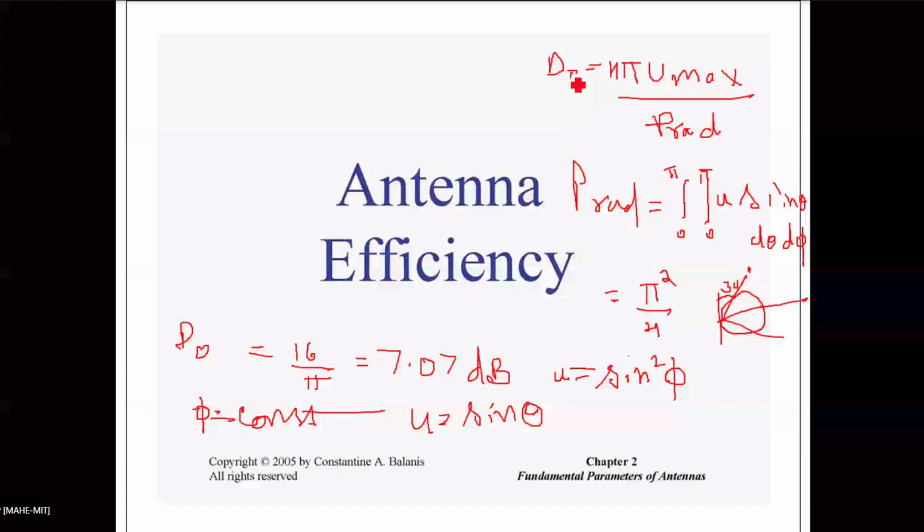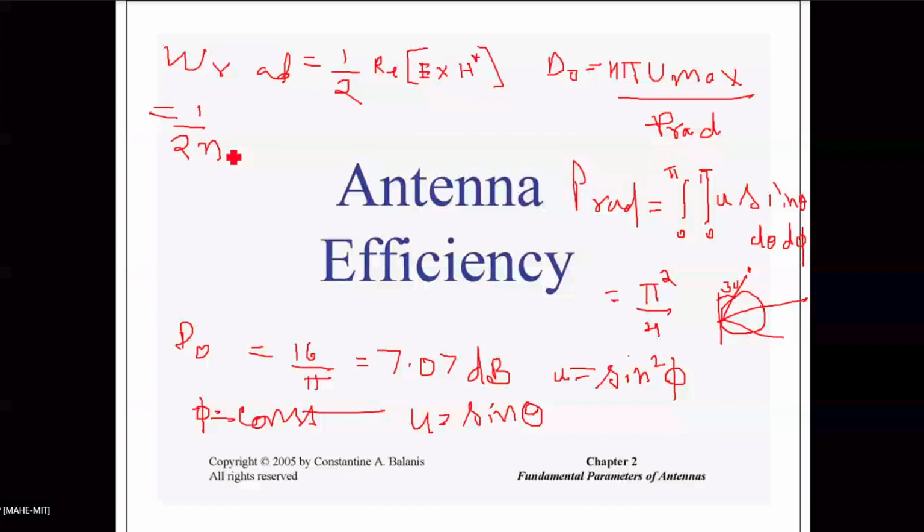So how will you find part A, power density? W rad is equal to half into real part of E cross H star, which is equal to half into E theta square by 2 eta.